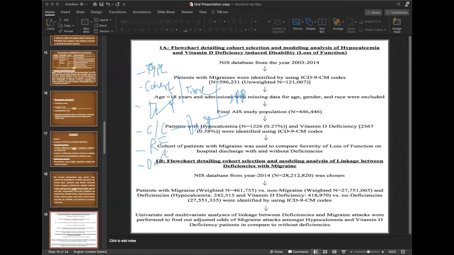Other than that, the outcome and its definition. And then analysis. In that analysis, number one, you write the software name, and number two, how you came up with the p-value and sample size.